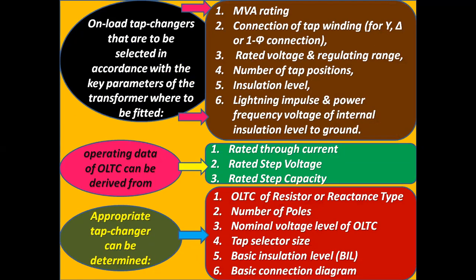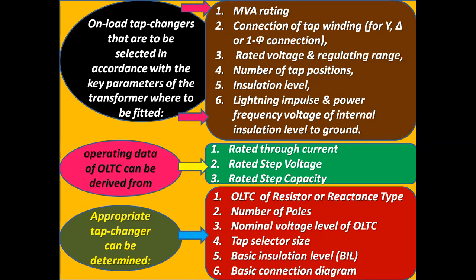Now, on-load tap changers are to be selected in accordance with the key parameters of the transformer to which they are fitted. 1, obviously the MVA rating of the transformer, and connection of tap winding for star, delta or single phase connection.